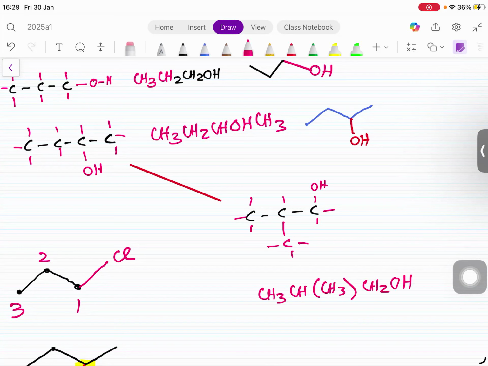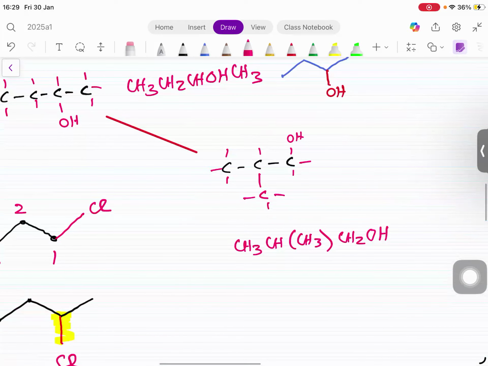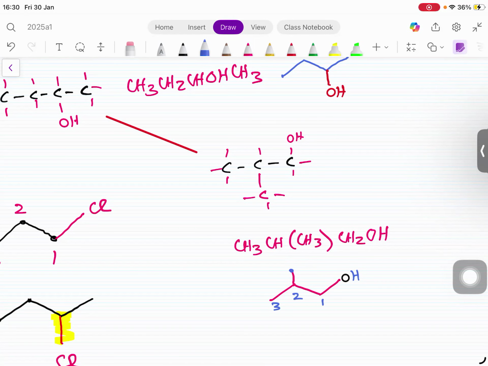It will be like this, right? What will be the skeletal? 1, 2, 3, and then one bond there. Here OH. Here CH3. Here is the OH. 1, 2, 3, and this is the branch.